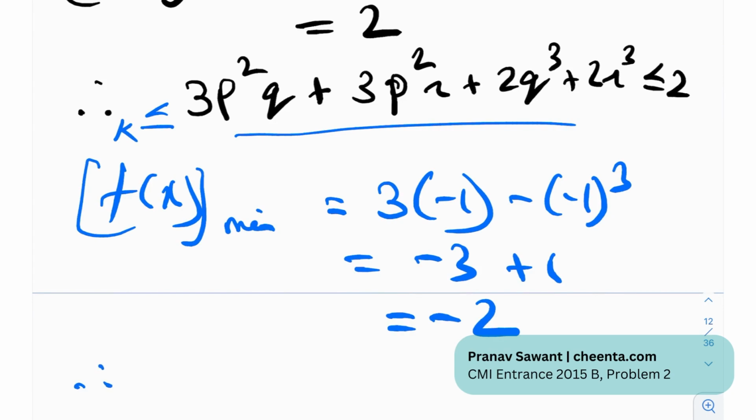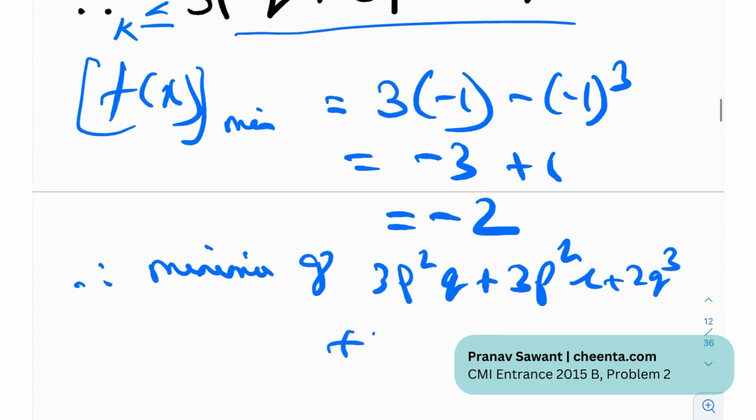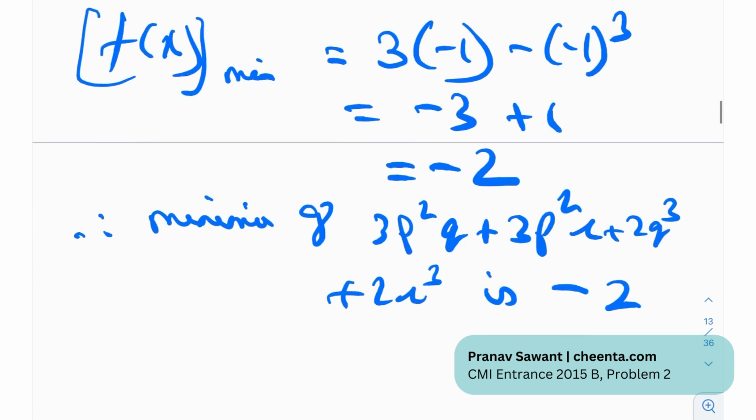So therefore, the minimum of this quantity, 3p square q plus 3p square r plus 2q cubed plus 2r cubed, is negative 2. So it essentially lies between negative 2 and 2.